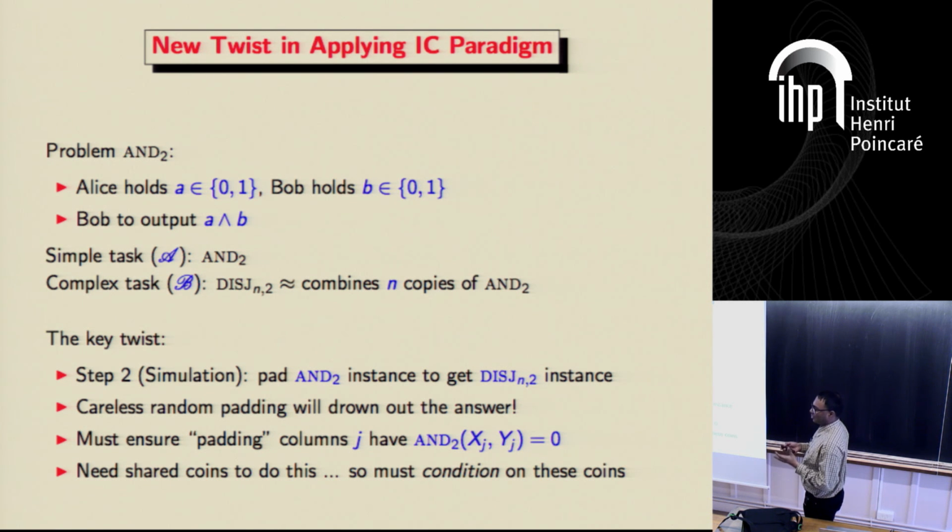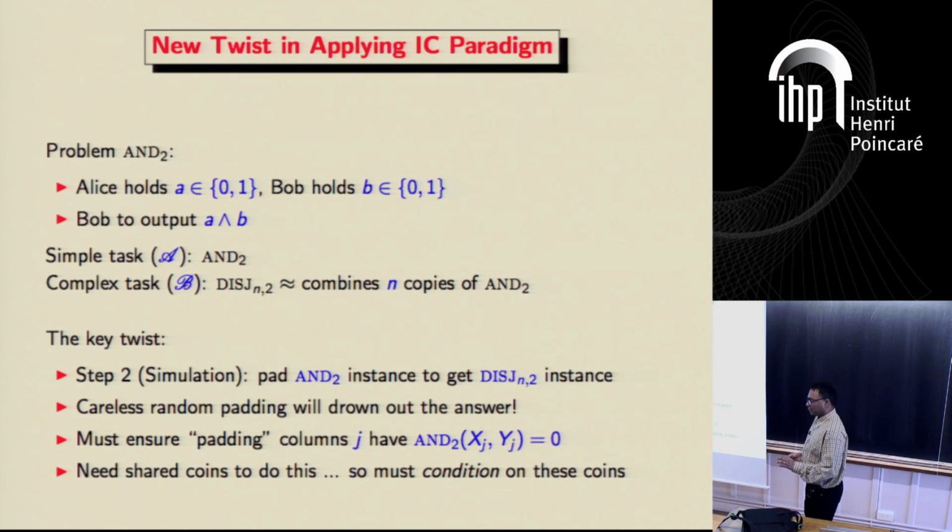It's severely wrong to do that, because if you just generate the rest of the columns at random without thinking, then of course you will turn every instance into an intersecting instance. And in fact, you will probably break the unique intersection promise of the problem anyway. So we have to pad more carefully, and we must ensure that our padding columns, the other columns which are not the actual input, never have an intersection.